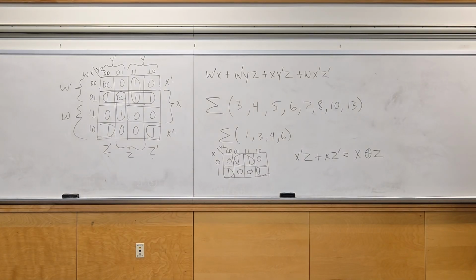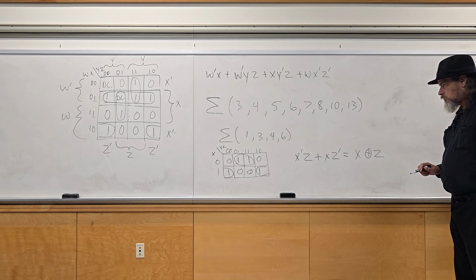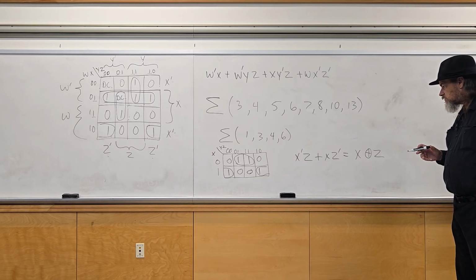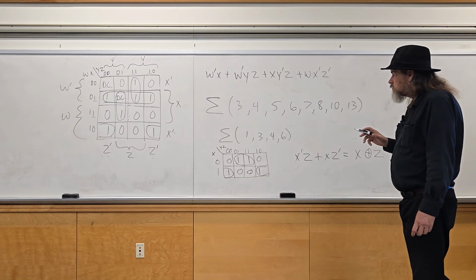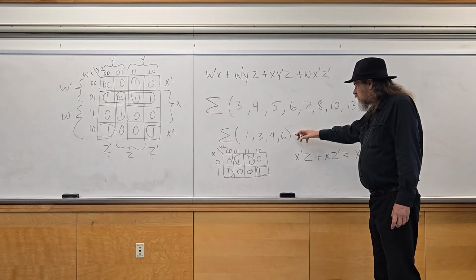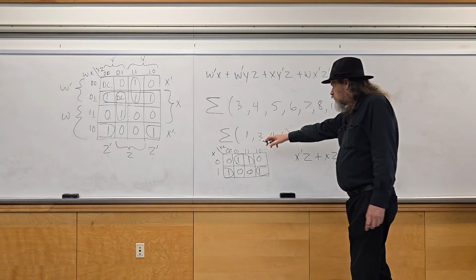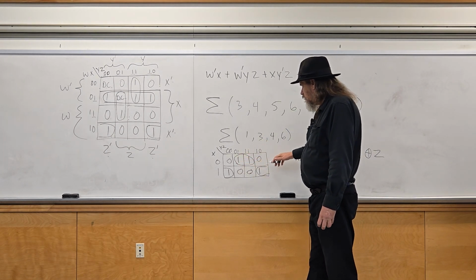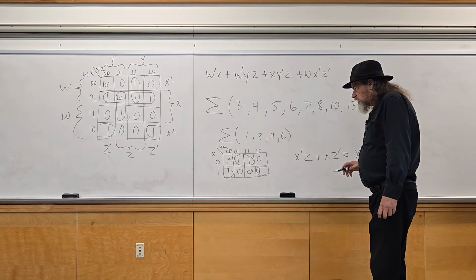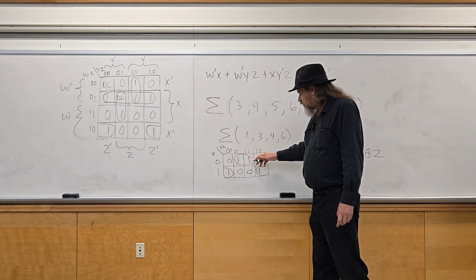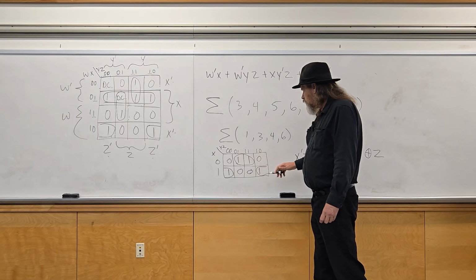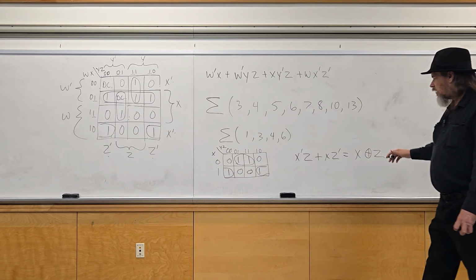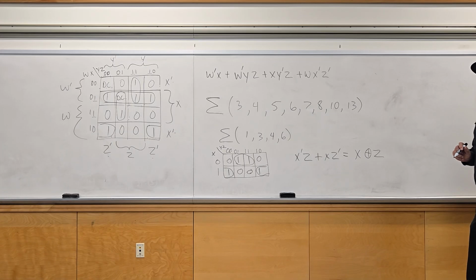But yeah, you can convert the numbers of the minterms into binary and easily find where the ones go, and then group, and then write the expression out. Okay?